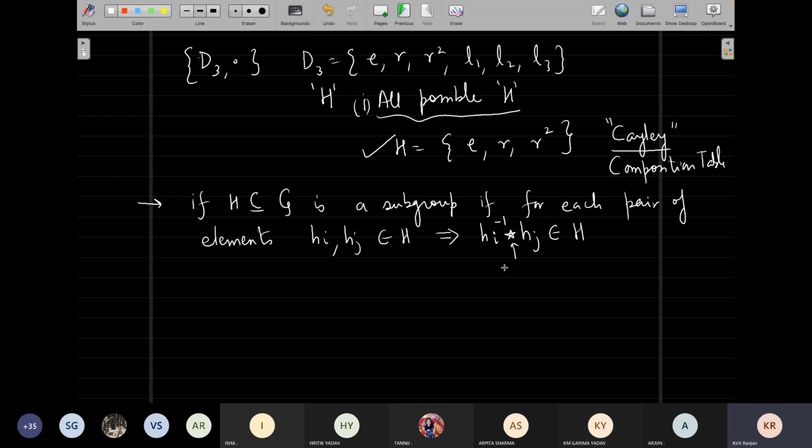It is easy to show that if two elements are in H, implying that Hi inverse times Hj is also in H, then this single property tells you that H is a subgroup of the bigger group G. So, without proof, I am giving you another way of figuring it out.